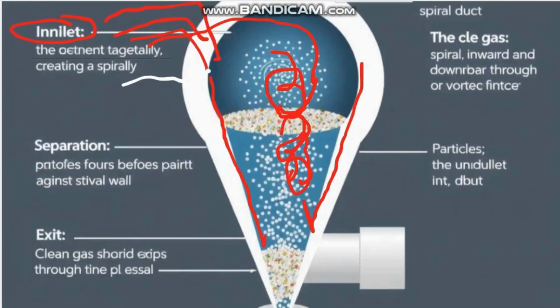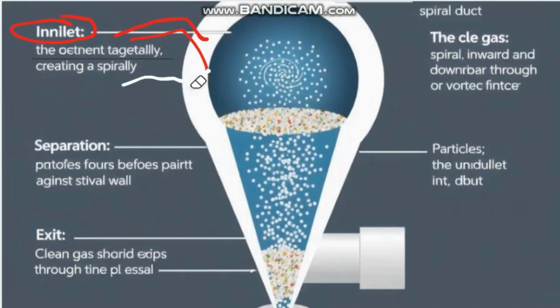Due to the centrifugal force, what happens? The dust particles or solid particles present in the stream of air, if they are denser, meaning the particles which are larger in size, are going to collide or hit the inner walls of the cyclone separator, and they will slide down and are collected in the collector bin.